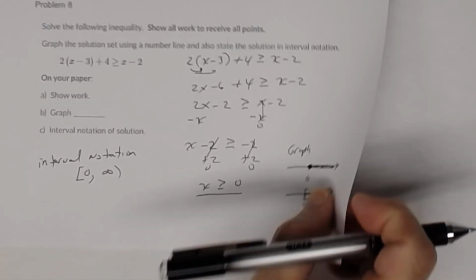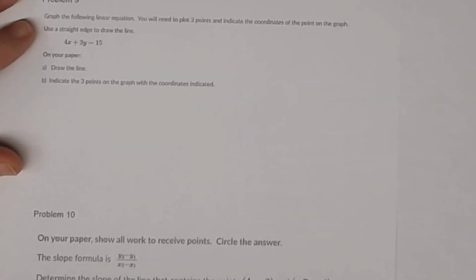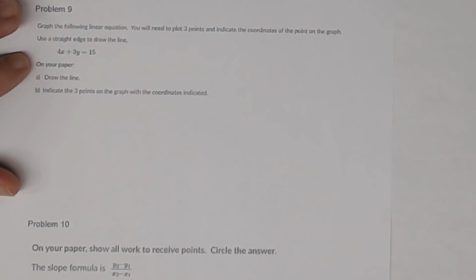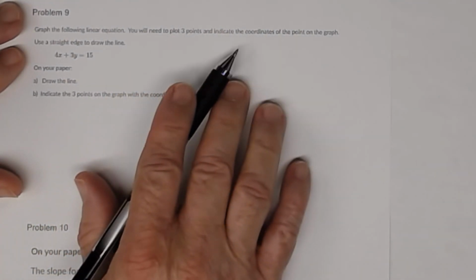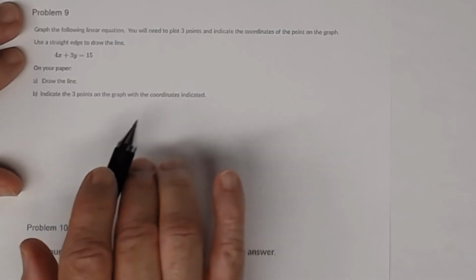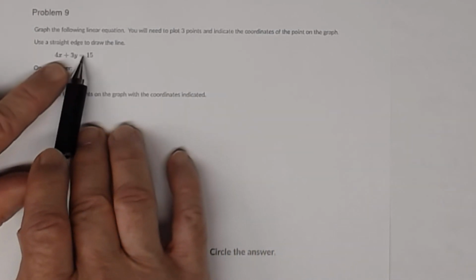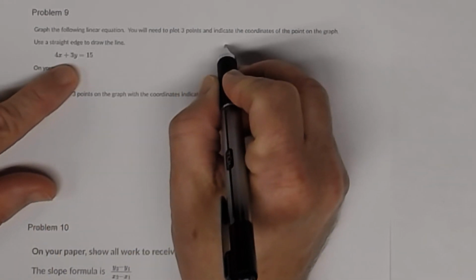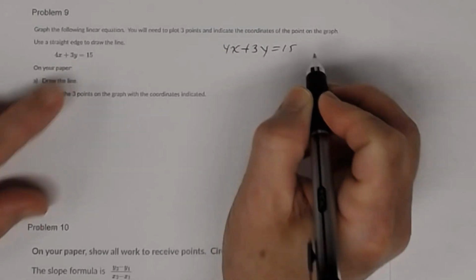Okay, number 9. So number 9, you wanted to graph this following linear equation. Now the directions are important. It said you will need to plot 3 points and indicate the coordinates of the point on the graph. So the first thing I would have done here is write this in slope-intercept form. We have 4x plus 3y is equal to 15.